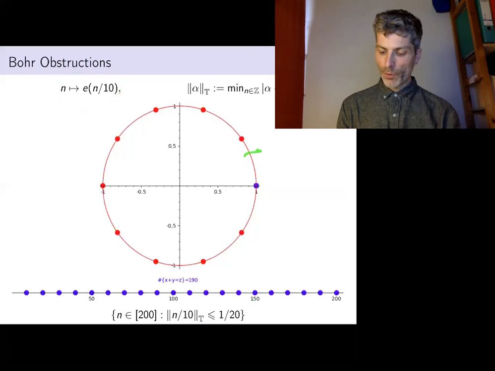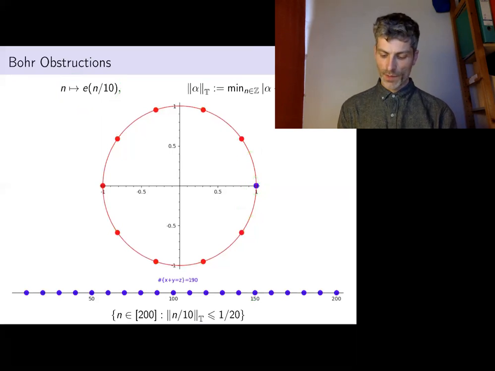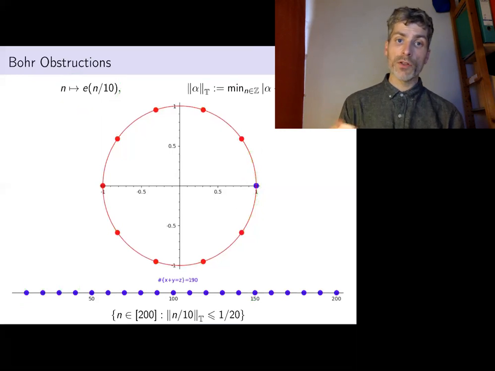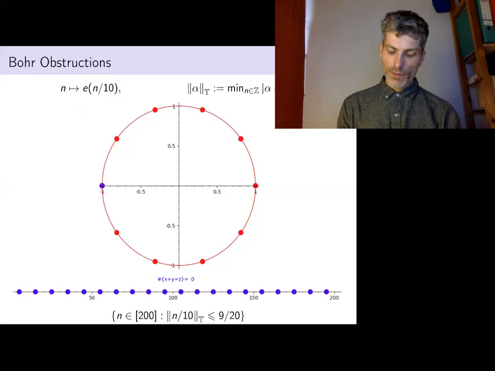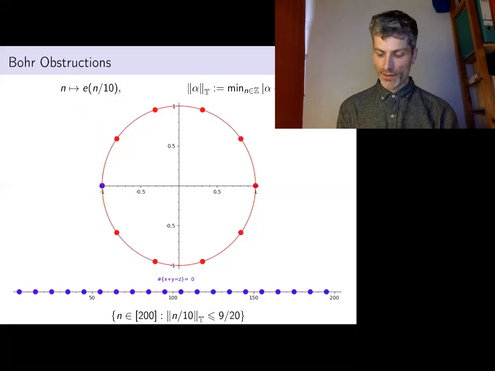And if you pull back a neighborhood of the identity, you're essentially pulling back a single congruence class, mod 10, and that gives you this homogeneous progression starting at 10. And we've said arcs around the identity have lots of these additive triples. And arcs away from the identity have very few additive triples.